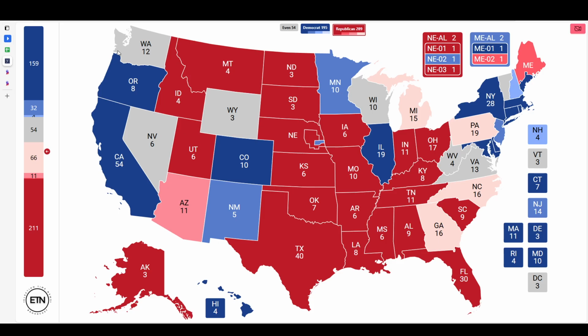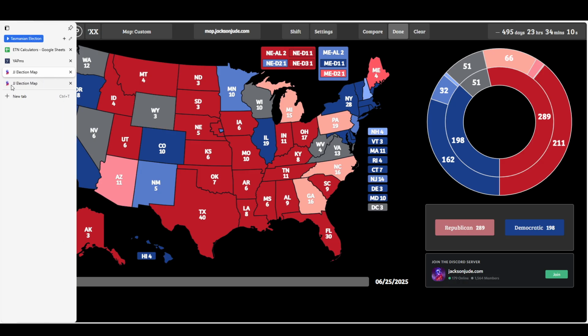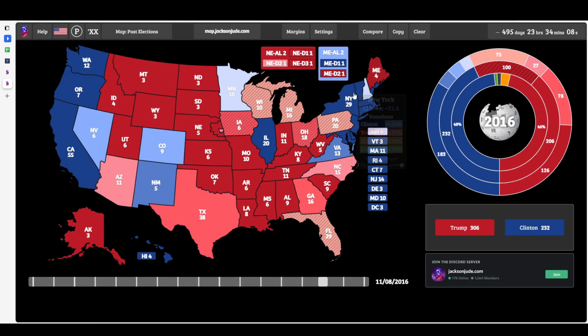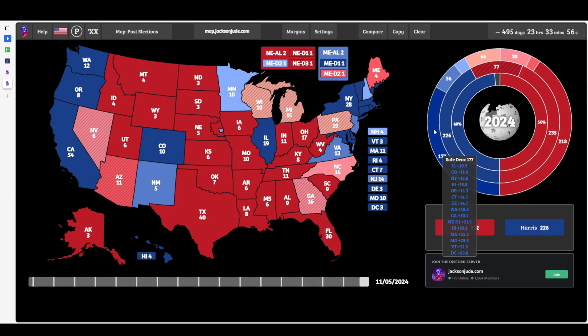Vermont, D plus 33. This is the bluest state in the entire country, D plus 33. It gave Clinton her largest margin of victory in 2016. Actually, no, it didn't. Interesting. Okay. It gave Biden his largest margin of victory in 2020 and Harris hers in 2024.